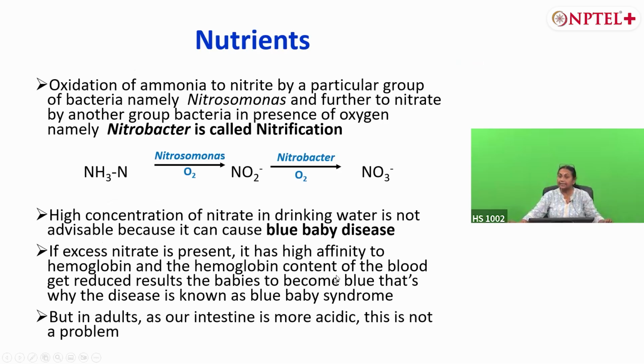Another thing is, by monitoring organic nitrogen, ammonia nitrogen, nitrite nitrogen and nitrate nitrogen in the stream, we can tell whether the pollution of the river is recent or past. Is it possible? You heard about environmental forensics, isn't it? When something happened, go back and check how it happened. Similarly, you are seeing some high ammonia or nitrogen concentration in the river.